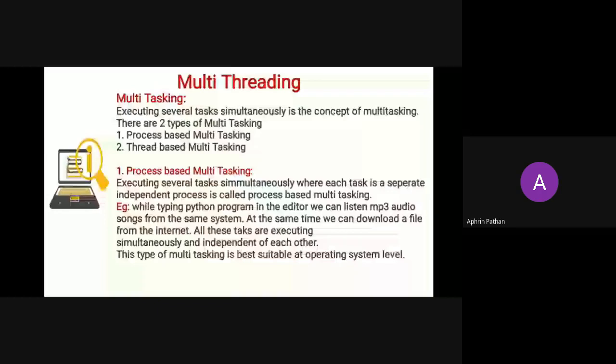And this type of multitasking you do regularly, because while typing a Python program, you are listening to audio, and you can download any file from the browser. So many times many processes are open simultaneously. Such a type of multitasking is called process-based multitasking. Here I have given the example also: while typing in a program editor, we can listen to MP3 audio songs from the same system.